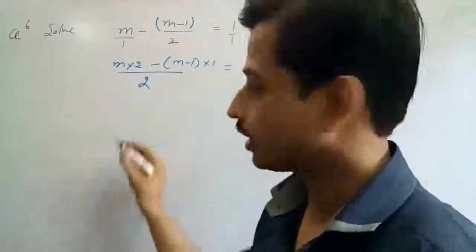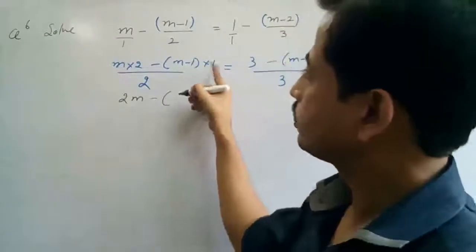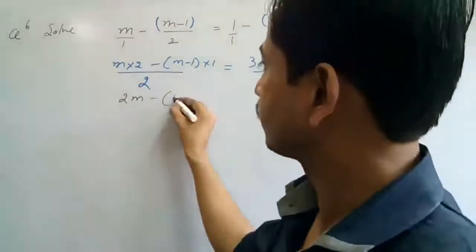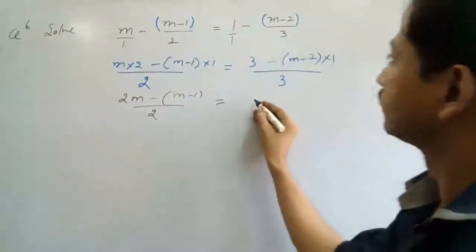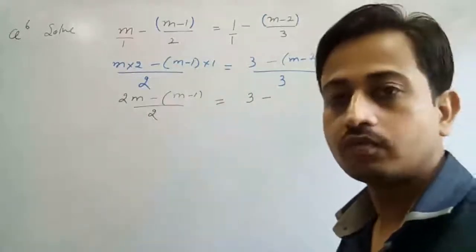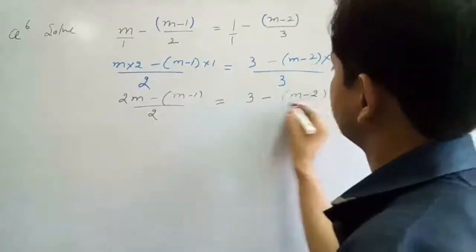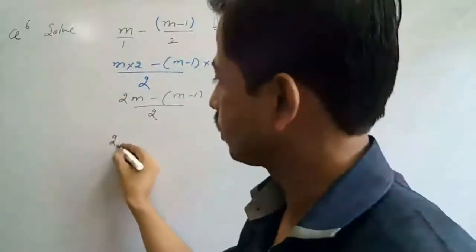Now please solve it. m into 2, you can write it as 2m. Now if we multiply it with 1, we get the same result. That's why I am writing m minus 1 divided by 2. Same here, 3 minus. If we again multiply m minus 2 with 1, we get the same result. We get m minus 2 divided by 3. Now next step is what?